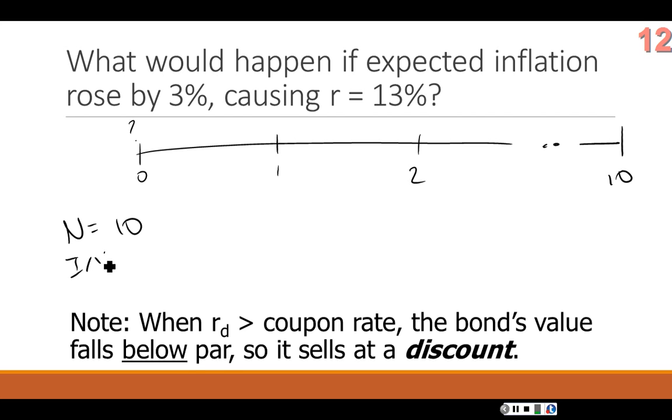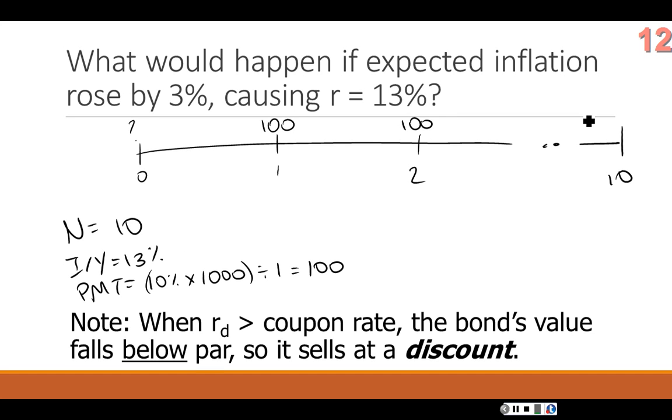The interest rate is now 13%. The payment is equal to the coupon rate times the face value divided by the number of periods per year to give you 100. So you're going to receive $100 every period plus the future value or the face value, the $1,000 upon maturity. So the future value is equal to the face value of $1,000.